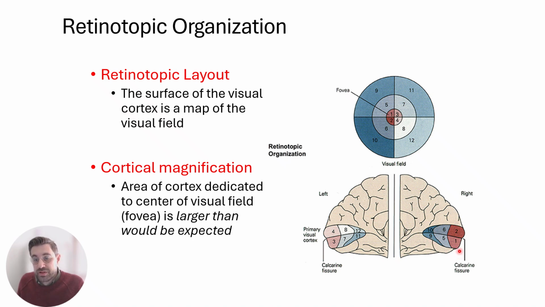So the same amount of brain is dedicated to this tiny area as to this whole area 9. We're essentially zooming in. What we're getting in our brain is like a zoomed in picture of the center and a zoomed out picture of the outside. We're biasing our brain processing toward the fovea itself, where all those cones are, where we can see in color, and where they're converging on neurons.